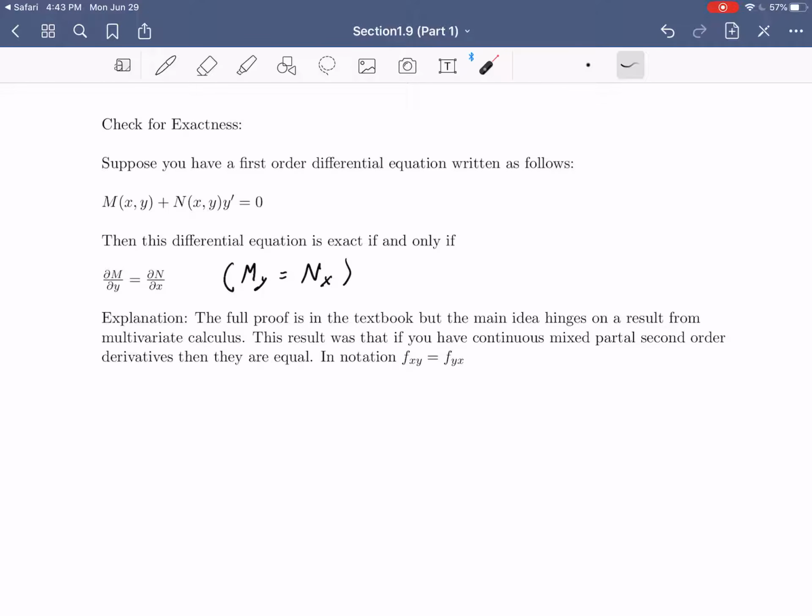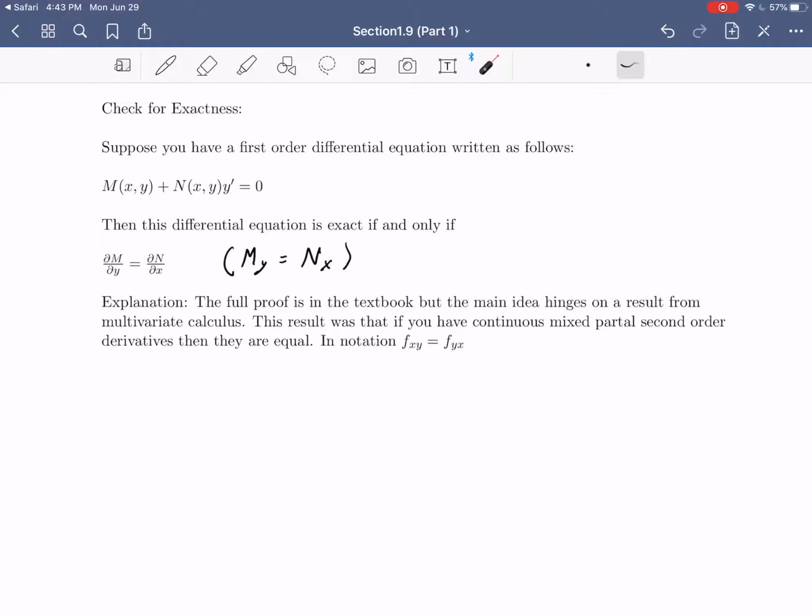There is one thing I'd like to point out. I'm not going to call this a proof. It's more an explanation, a way to think about why this statement makes sense in case you don't want to go through the full proof in your textbook. This whole thing hinges on an idea from multivariate calculus. When you're talking about partial derivatives, there's a concept called the mixed second order partial derivatives.